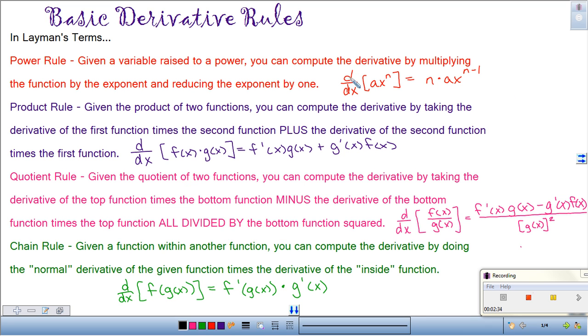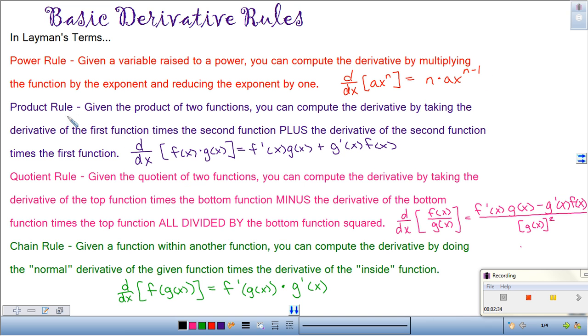So the derivative with respect to x of any function that's of this form, a x to the n power, can be found using the power rule, which says that you can compute the derivative by multiplying the function by the exponent and reducing the exponent by 1. So this is what Blair told us last week. Move n out in front, n times a, and then reduce the exponent by 1.